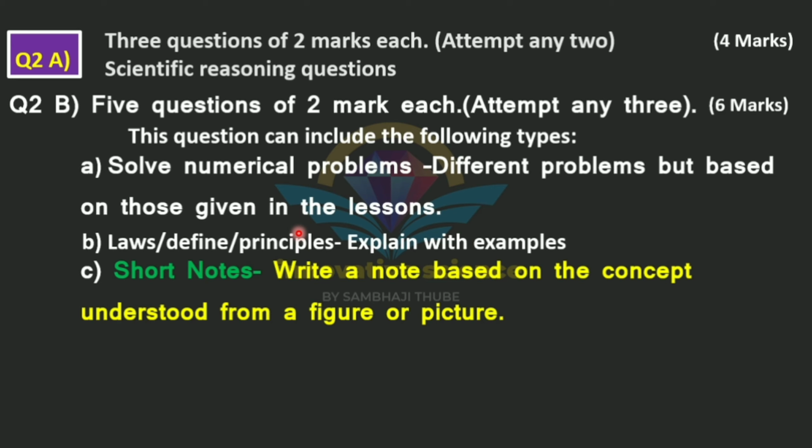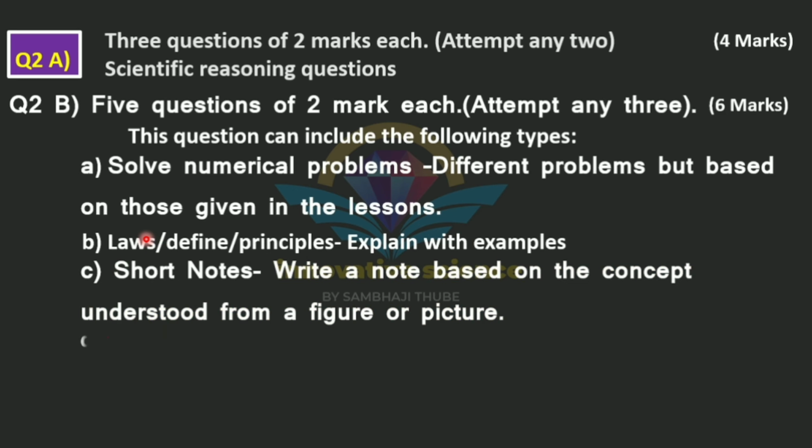For example, sometimes they can give you a picture of the process of anodization, and you have to identify the picture of that process and then write a short note on it. And in this type of question, you have to mention at least 4 points.